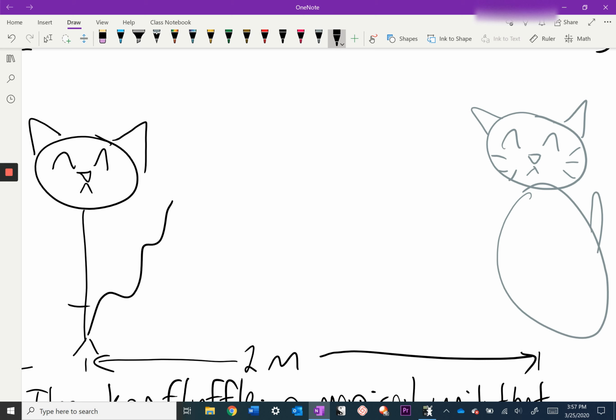So Cinder nowadays masses about 2 kilograms. Heidi, on the other hand, 5 or 6, so we'll just say 5. Because my cats are using proper social distancing, they are 2 meters or 6 feet apart. So let's plug all of those numbers into the formula.